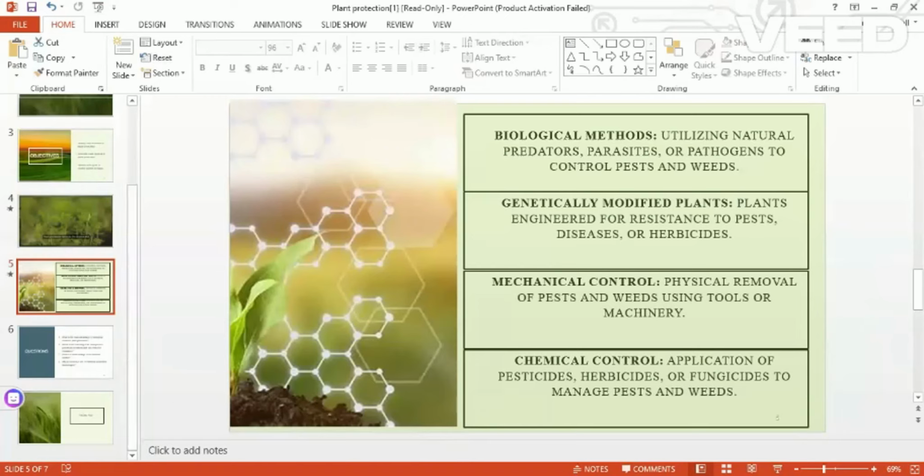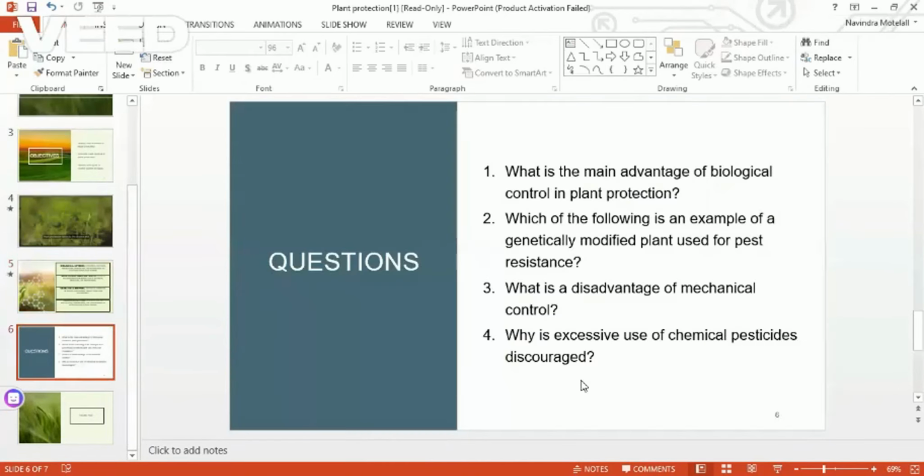So now we will move on to some questions. The first question is, what is the main advantage of biological control in plant protection? I think the main advantage of biological control is that it doesn't use any chemicals because it uses natural predators to control the pests.